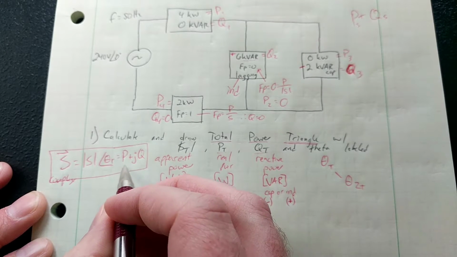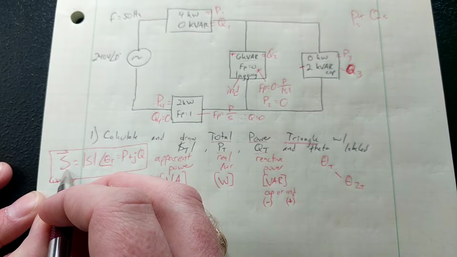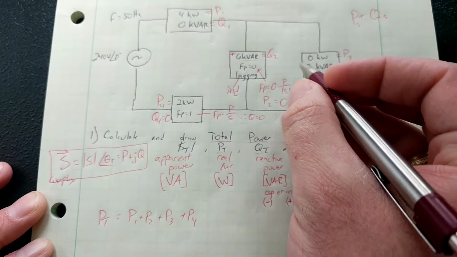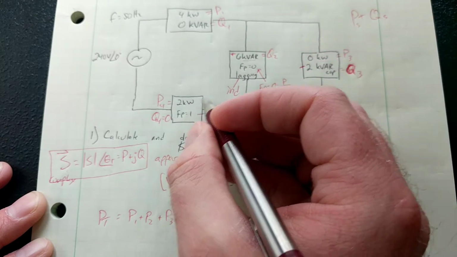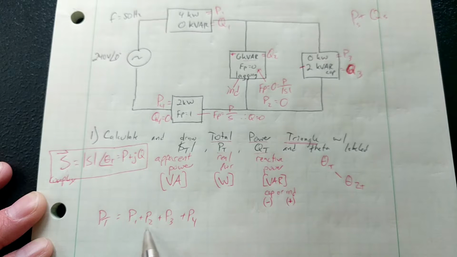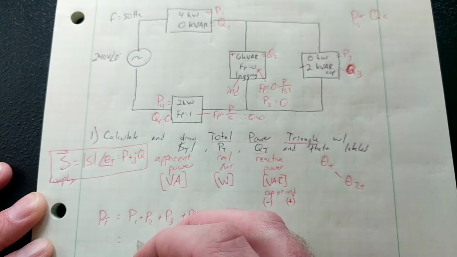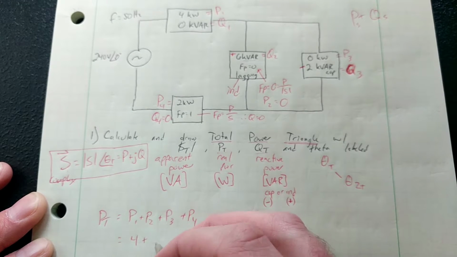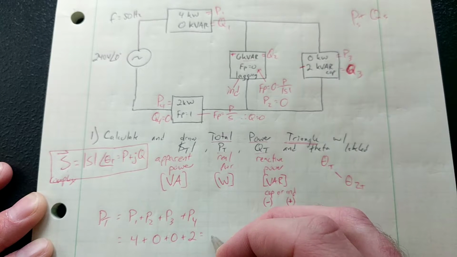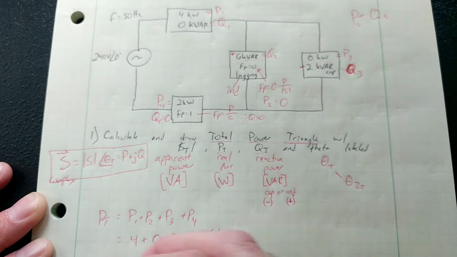And that is because that's how we add vectors. If I'm adding all of my vectors, each element inside of here has a complex power. You can even say it has a power triangle. But we're going to add up all these vectors, and the way we do that is by just adding these P's and Q's. P1 is 4, P2 was 0, P3 was 0, and P4 was 2, and that comes out to 6 kilowatts.